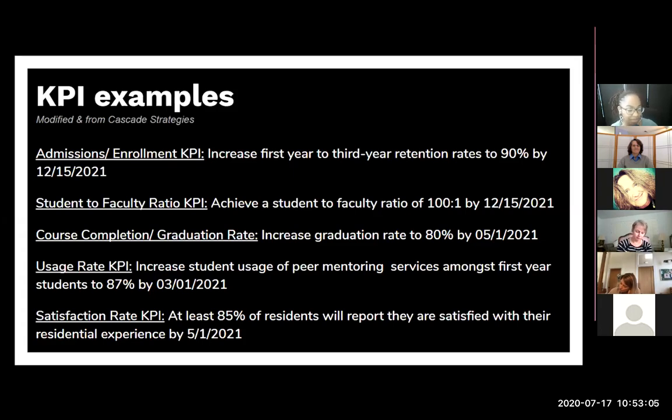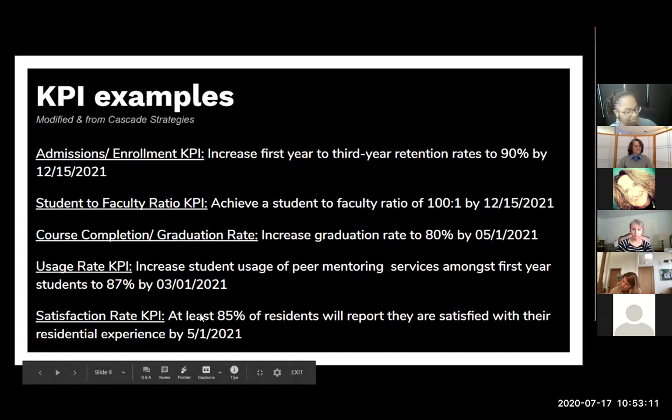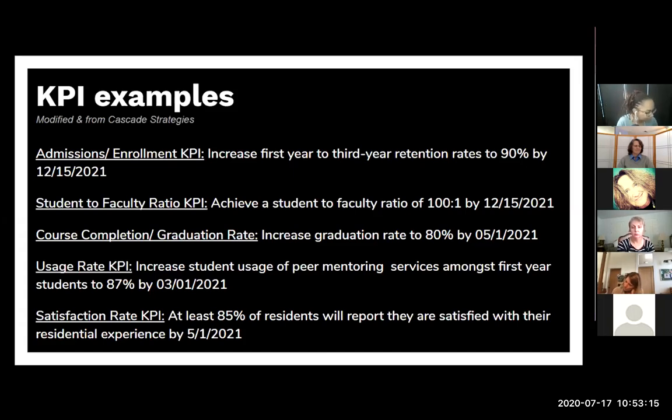I'm going to give you an example. So let me put that in the chat. Take a look at it. There we go. I've listed my service, I've listed the goal, and then I have a KPI.